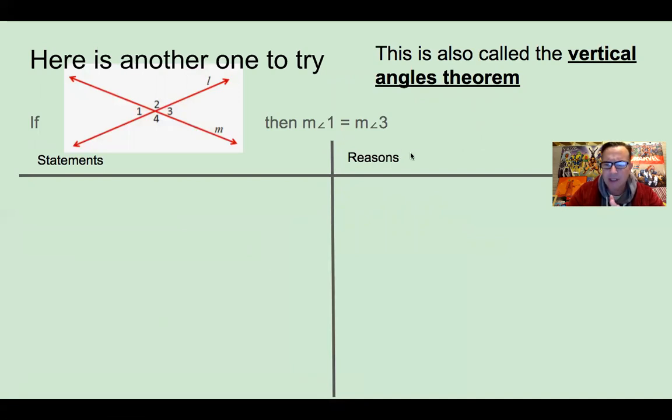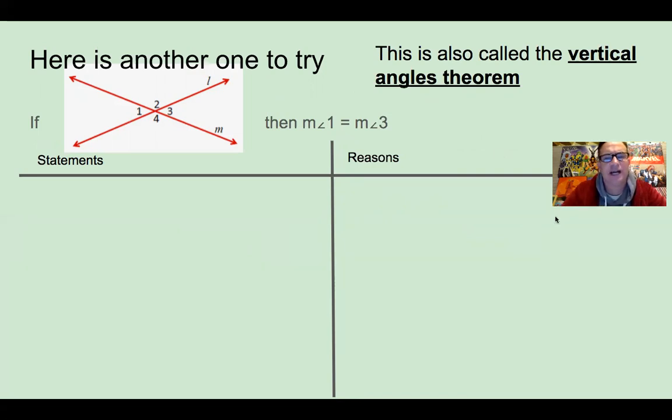Vertical angles theorem. I really kind of dig this one, but it is hard to do this in a way that shows you what to do as we're walking through this. So here's what I want to do for just a second. I'm going to give you a statement, and then I want you to give me a reason, and then I want you to give me what you think the next statement is.